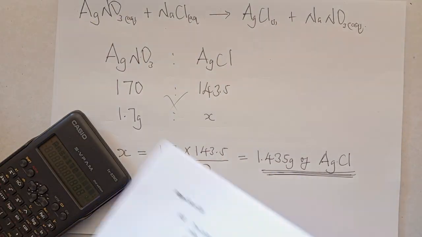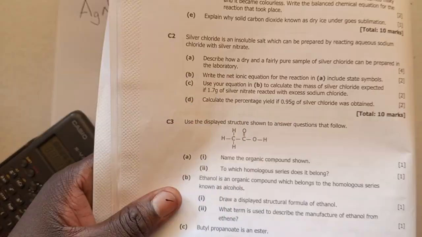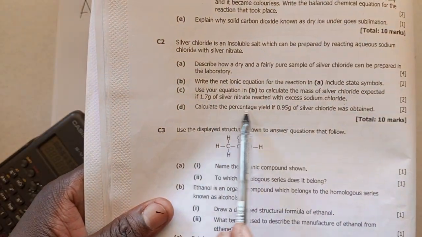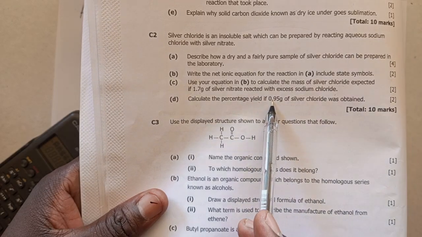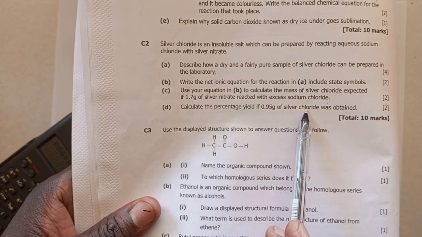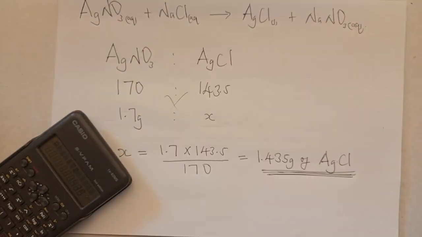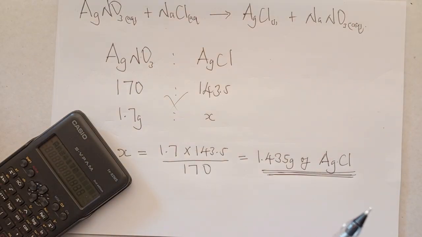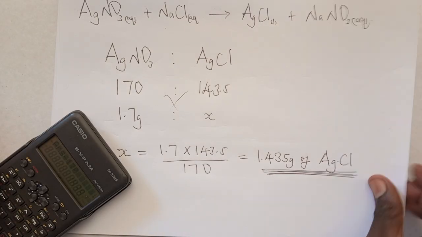The next question says to calculate the percentage yield if 0.95 grams of silver chloride was obtained. So we have the actual yield and the theoretical yield. We need to identify that.